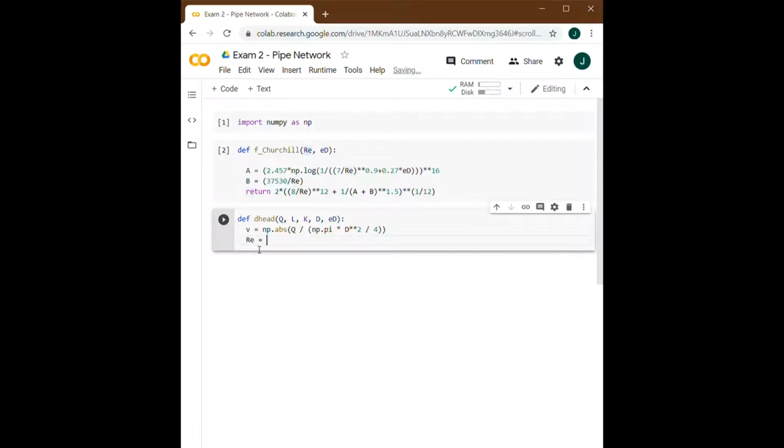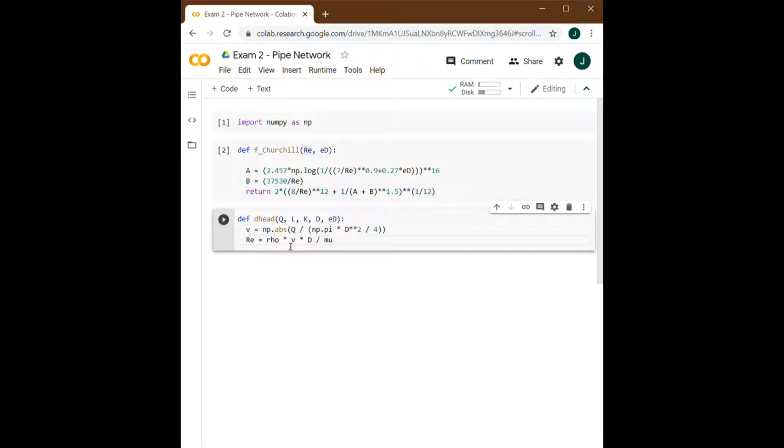V is our velocity, d is our diameter of the pipe, and mu is the viscosity. Viscosity is defined as the resistance to flow. So we are going to put all those in as variables, as shown here.